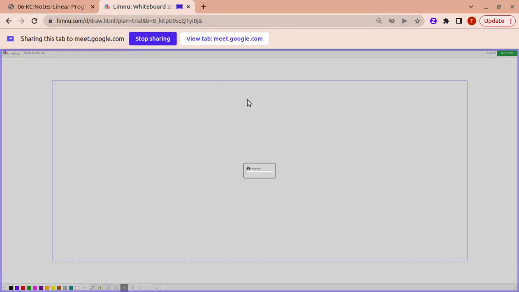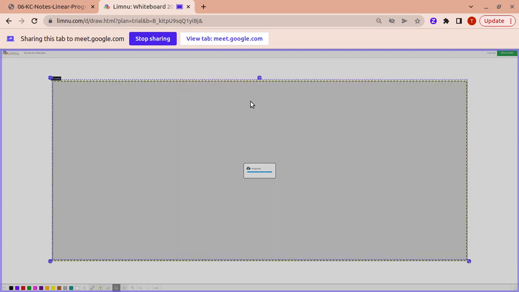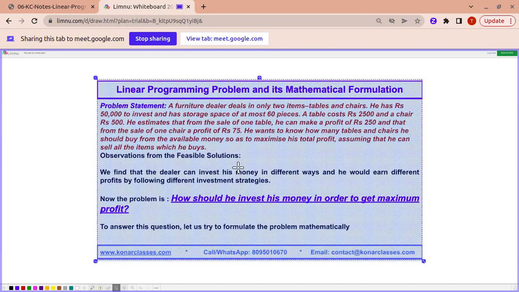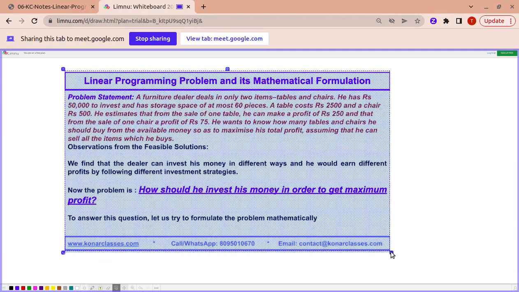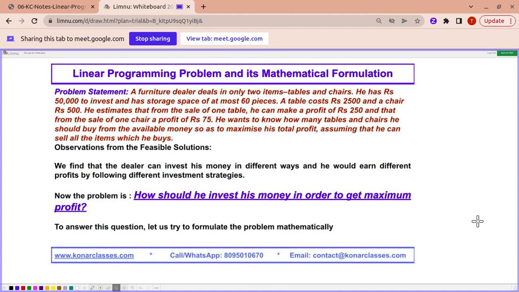So what is the objective here? Here also I have mentioned the problem statement. The problem statement is: how should he invest his money in order to get maximum profit?